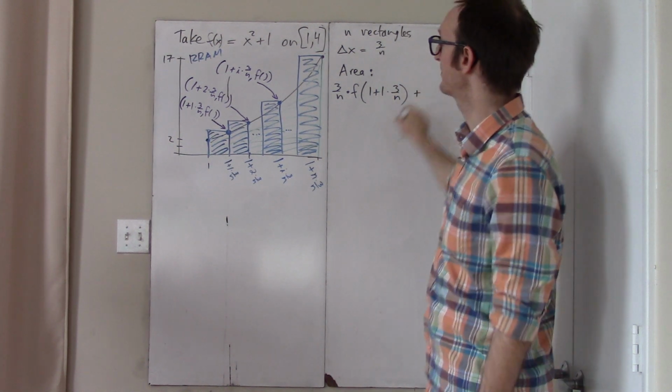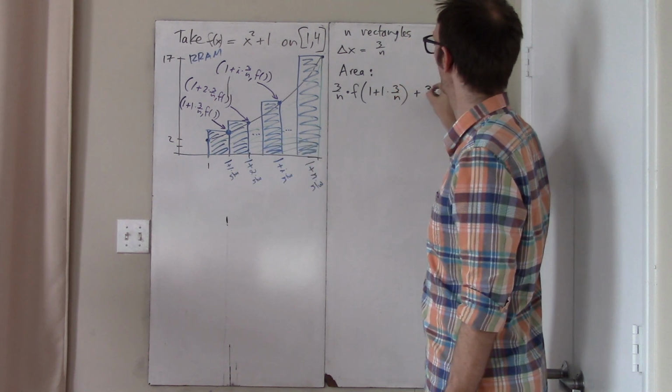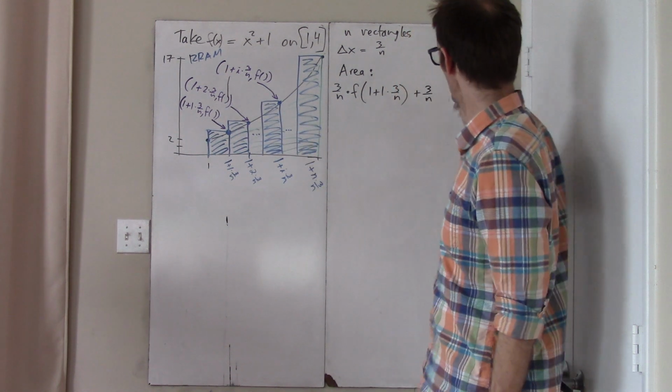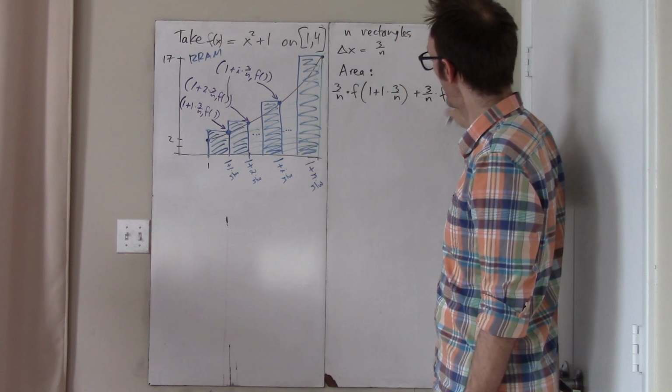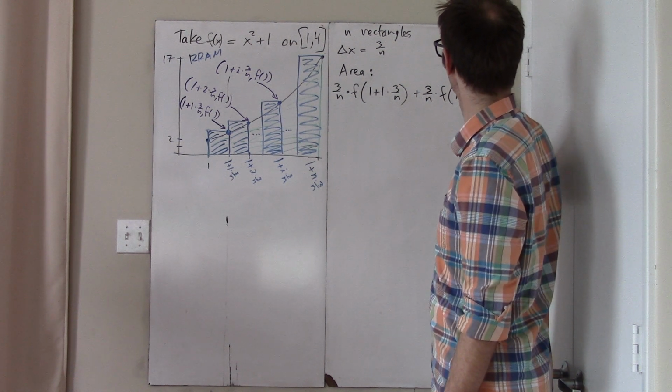And the area of the second rectangle will be the width, which is 3 over n, times the height, which is f of 1 plus 2 times 3 over n.